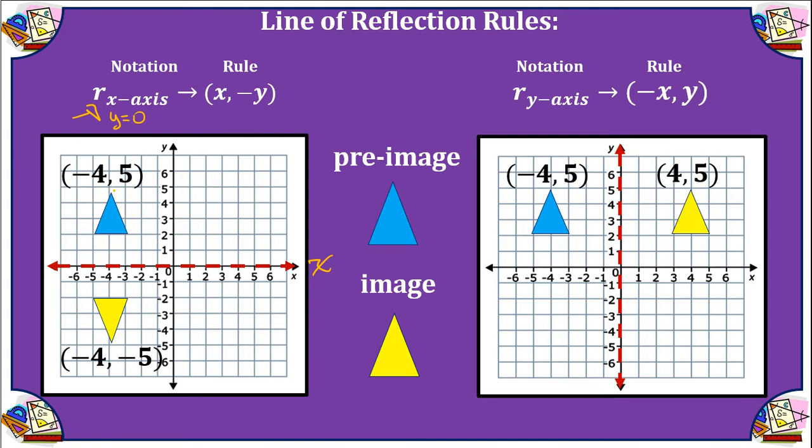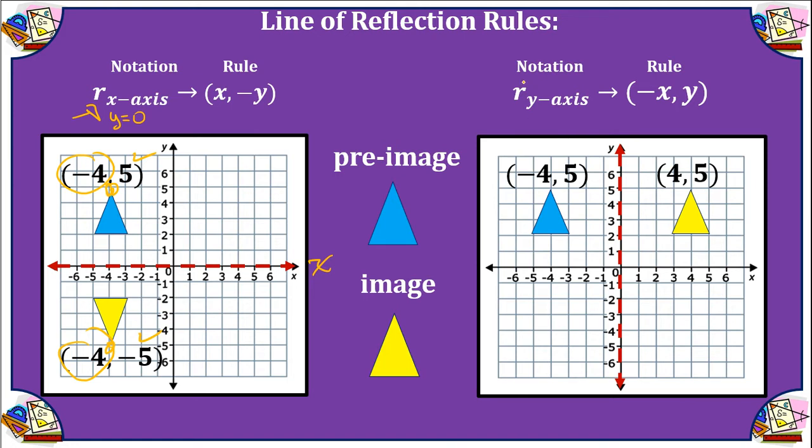So when we flip this point of -4, 5 across, we are now at -4, -5. As we flipped across the x-axis, notice that the x coordinates stayed the same, but the y coordinates changed to the opposite sign.